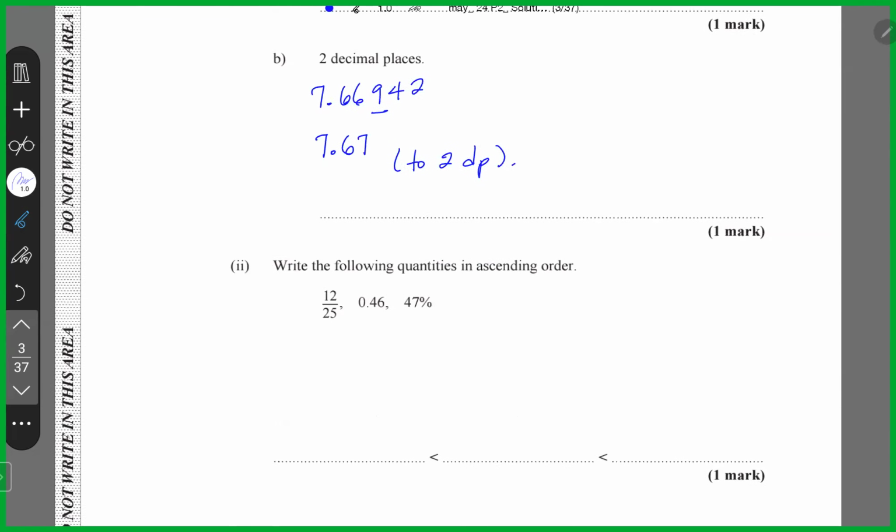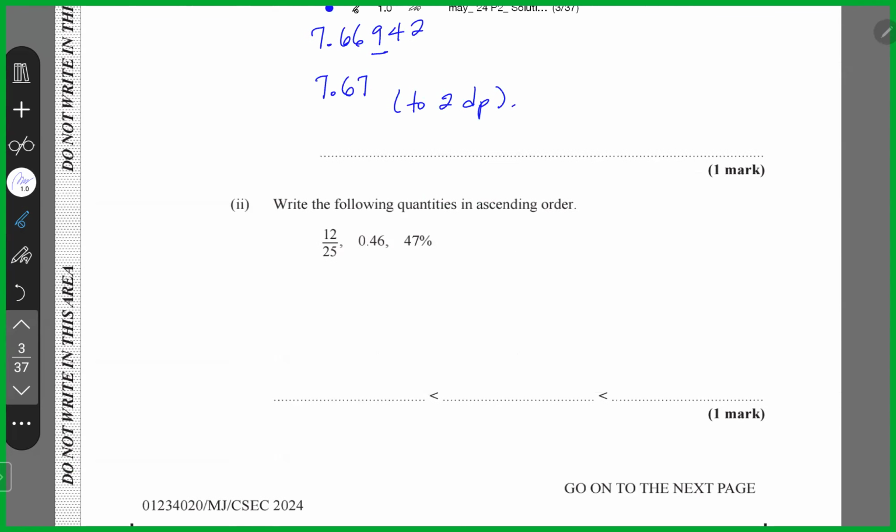Let's have a go at this question. It says, write the following quantities in ascending order. Well, the best way I can think to approach this is to write everything as a decimal. So 12 divided by 25 as a decimal is 0.48.